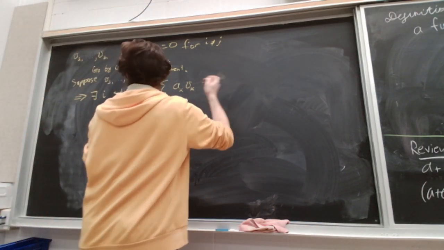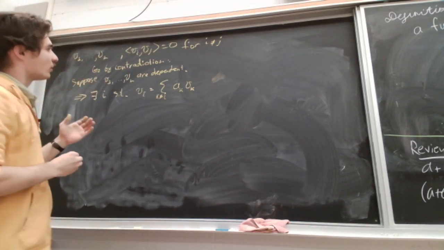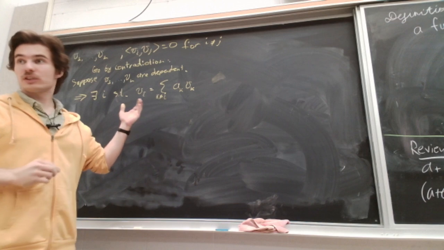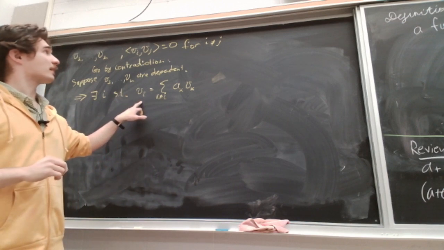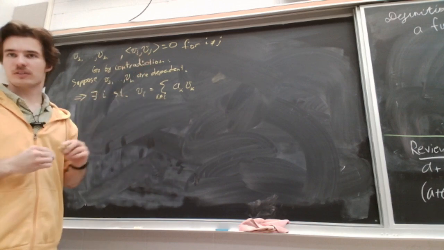Okay. So now what can I do? Now, how's this proof going to go? I'm going to essentially try and show that the inner product of this vector is going to be non-zero with some other vector, and that's going to give me a contradiction.